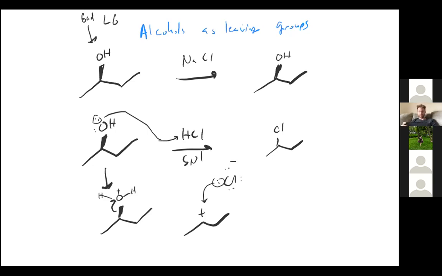A different way to make an alcohol a good leaving group is to attach something that has resonance to it. So we're going to talk about these tosyl chlorides, as well as a few different ways to do it. So another option is to take an alcohol, and let's say we want to do an SN1.